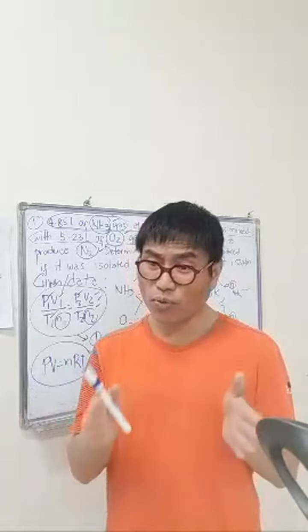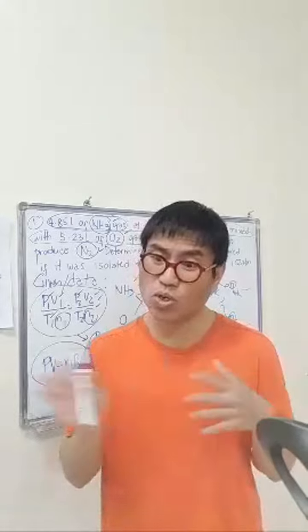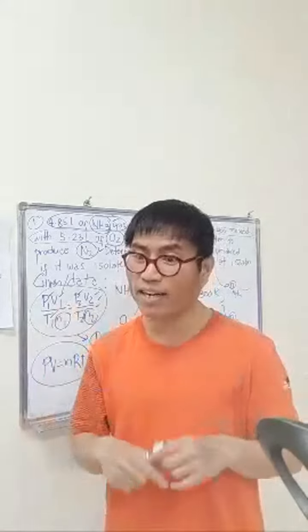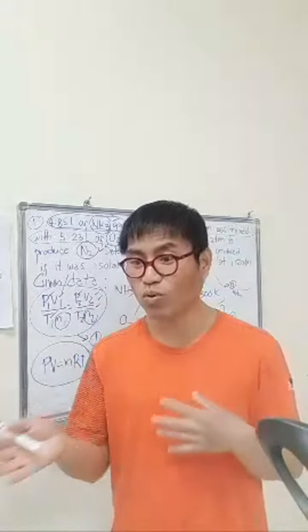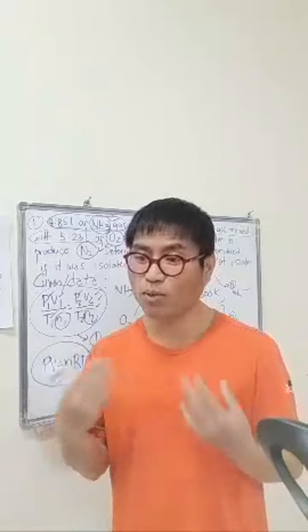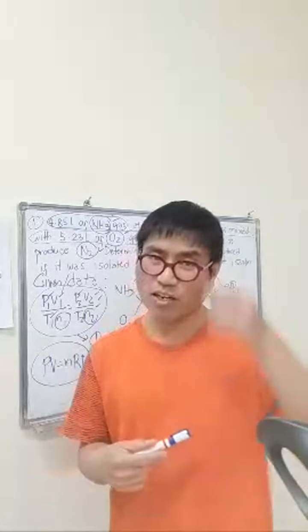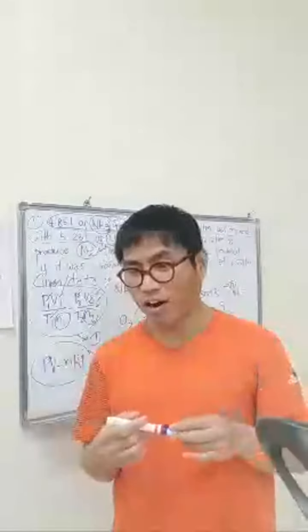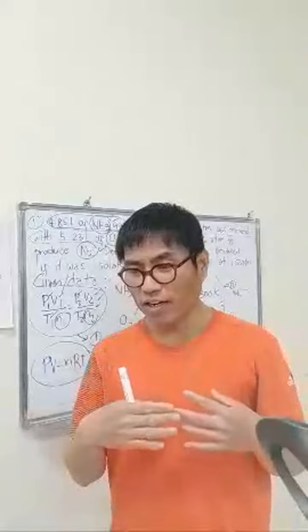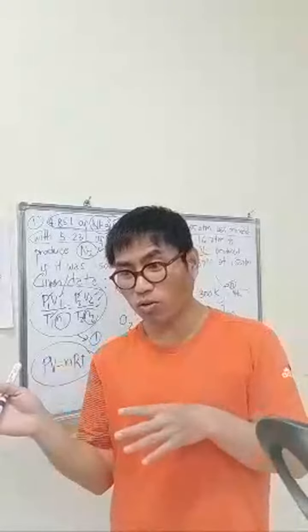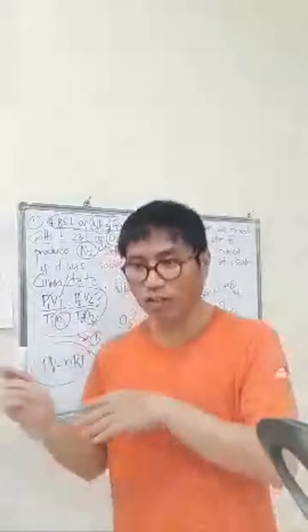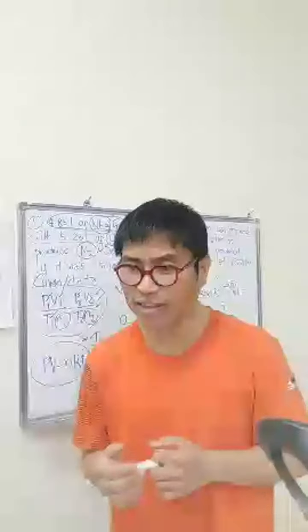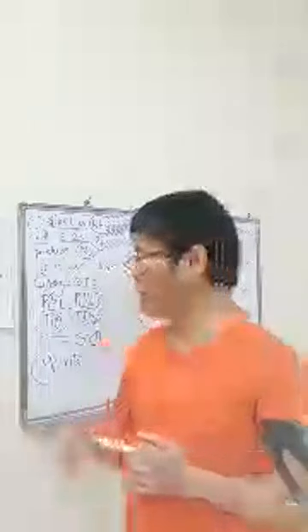But for the products, it's expected to be more than two. So be observant, especially if you're studying chemistry right now. Most of the reactants are two, and the products are two or more. Get the point?